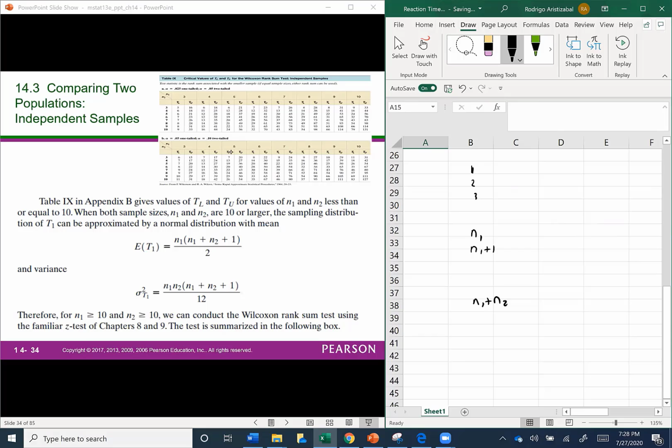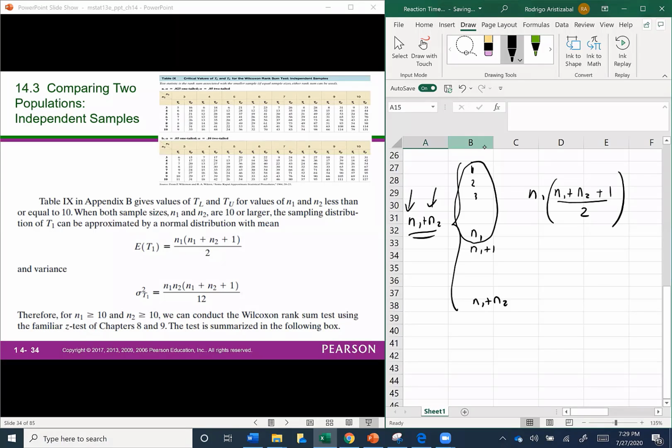In total, we have n1 plus n2 values, two samples, n1 in the first sample, n2 in the second sample. Then the mean of all of these numbers must be given by n1 plus n2 plus 1 divided by 2. If I want to obtain the sum of these values for the first group only, we need to multiply n1 times this mean. That is the expected value for the sum of the first group, given here.